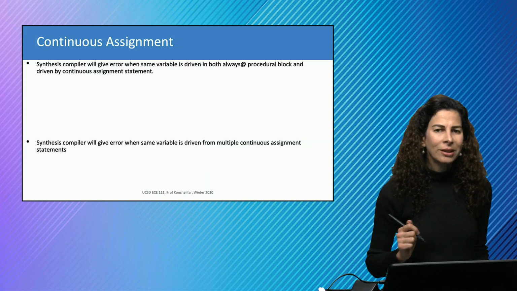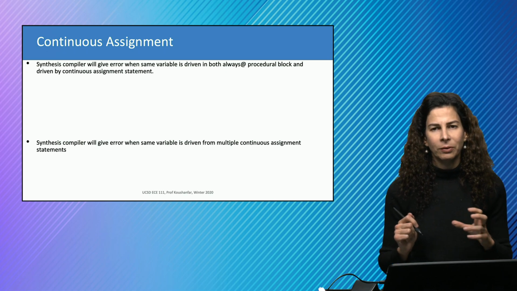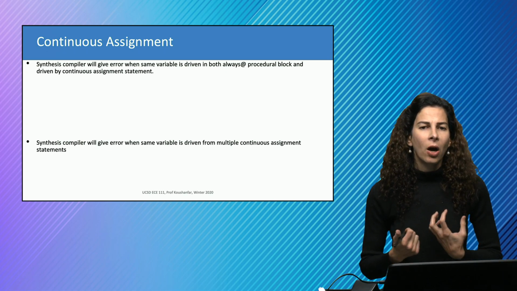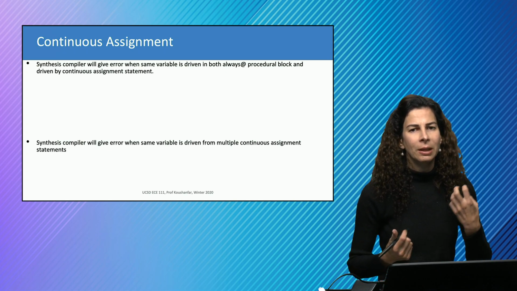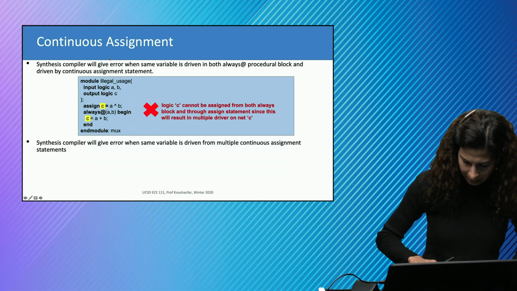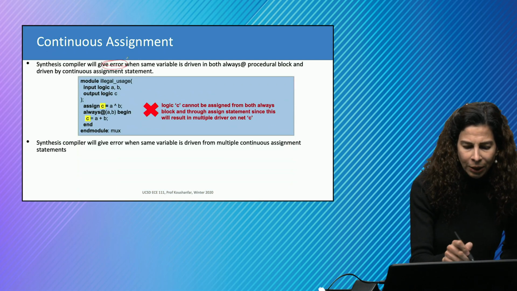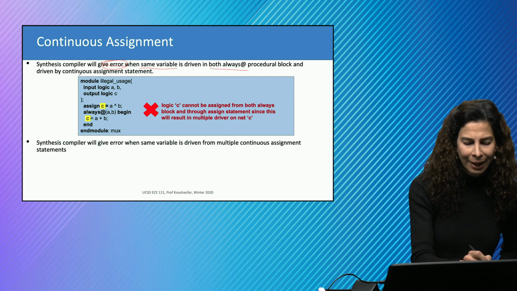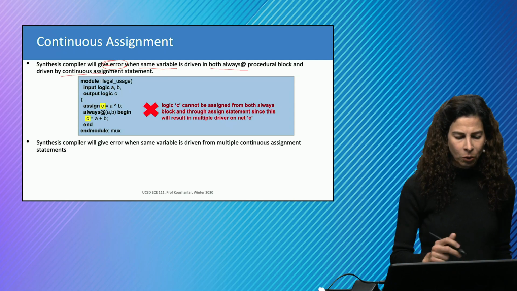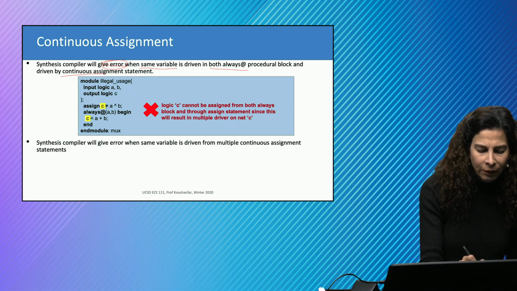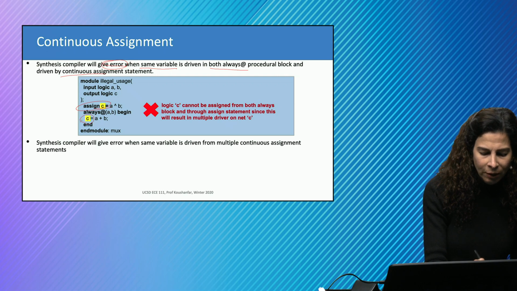Continuous assignment variables that are also used within an always procedural block are going to generate an error. So you're going to have an error if the same variable is used for both always and the continuous assign. Here, in this example, we generate an error. This assign is using the variable c. C is also used within this always block.